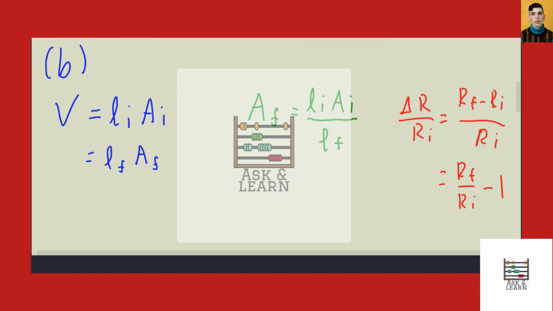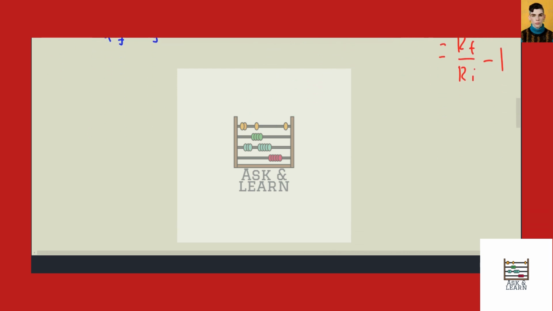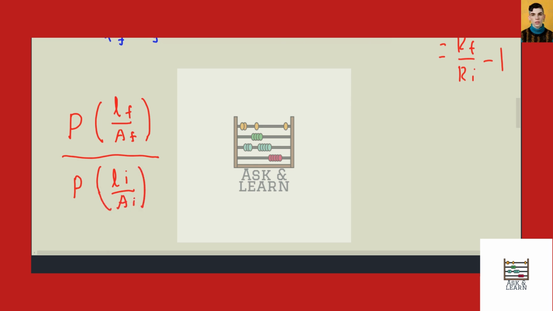Now, since we know the formula for resistance, we're going to rewrite these equations in red. So we're going to plug in terms for resistance, and we're going to say that the fractional change in resistance is now going to be equal to rho times L of F divided by A of F, all divided by rho times L of I divided by A of I, and all that minus 1.